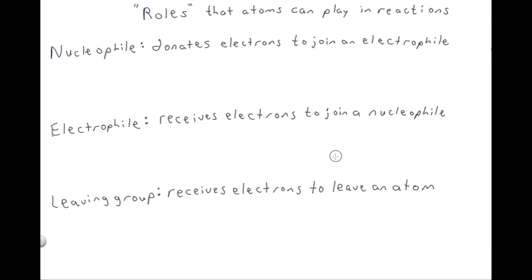By the way, there isn't any special name for the thing that the leaving group is leaving, so I'll just say that it's leaving an atom. The atom that it's leaving could be part of a larger molecular structure. And we'll see examples of all of these very soon.